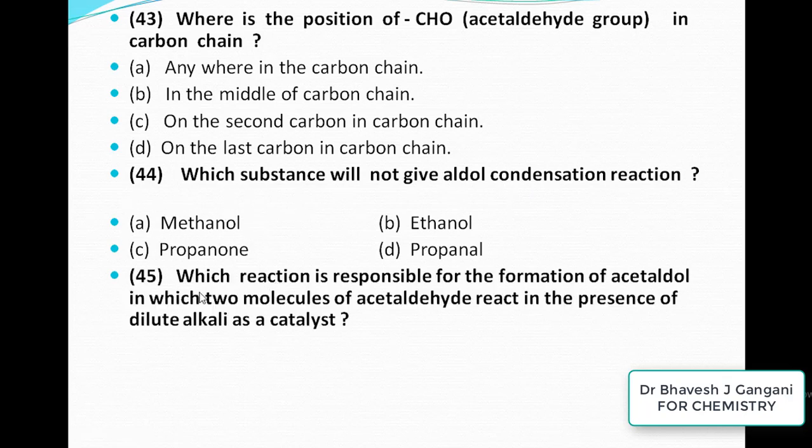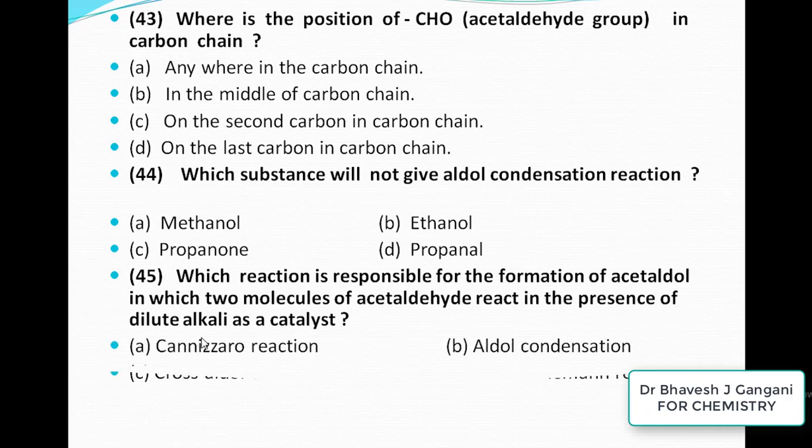Now question number 45. Which reaction is responsible for the formation of acetaldol in which two molecules of acetaldehyde react in the presence of dilute alkali as a catalyst? Now question क्या है? When two molecules of aldehyde react, they give us a product.